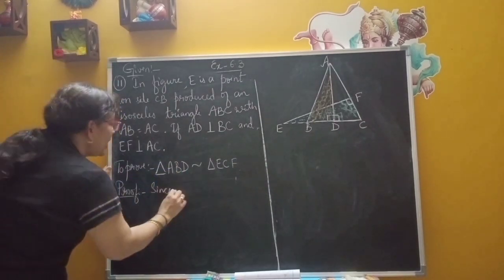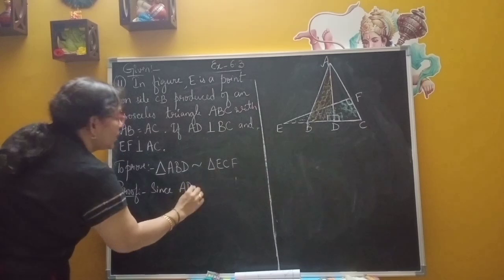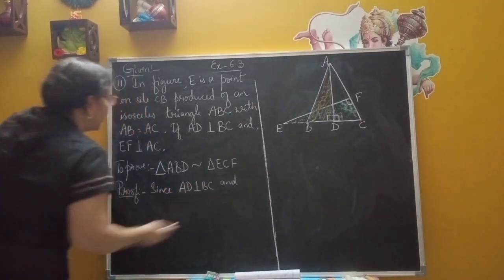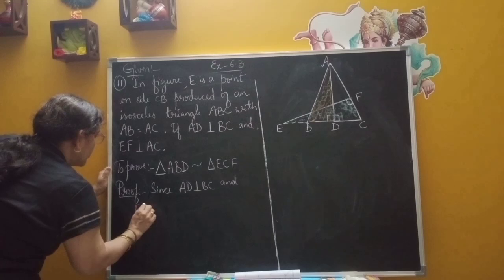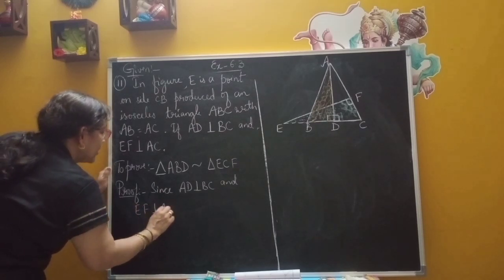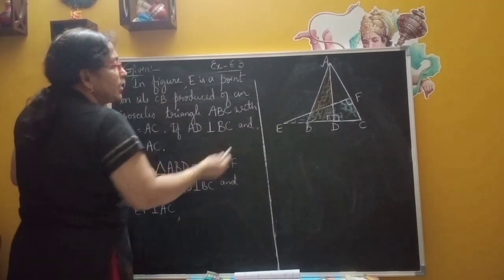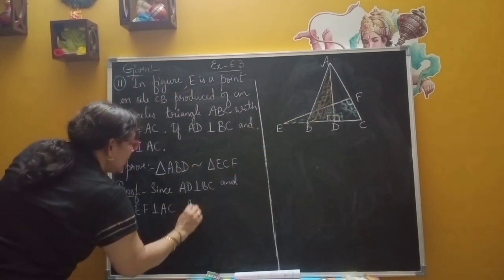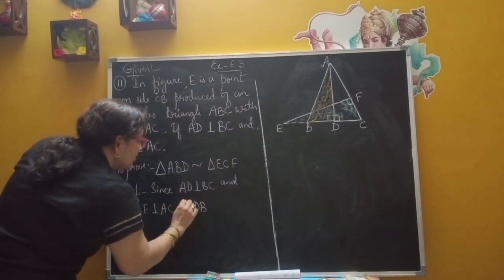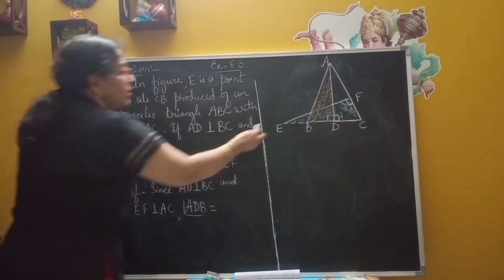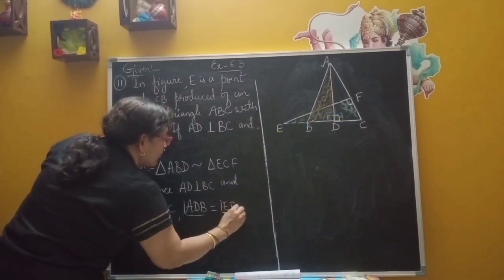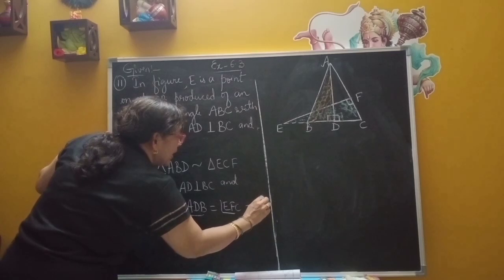Since AD is perpendicular to BC and EF is perpendicular to AC, we can write angle ADB in the first triangle is equal to angle EFC, both equal to 90 degrees.